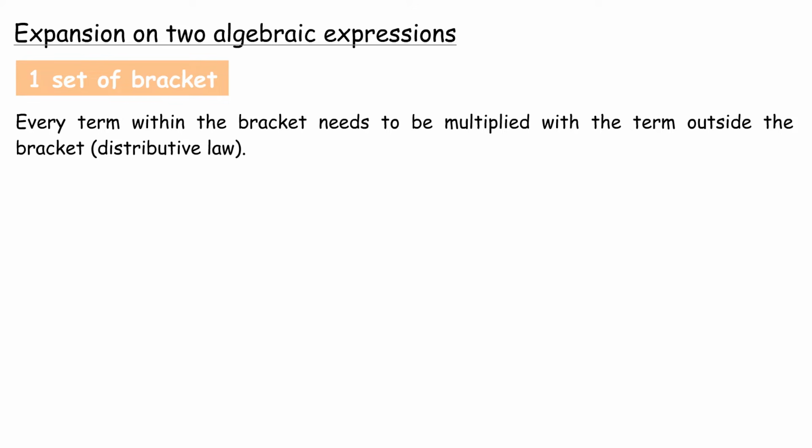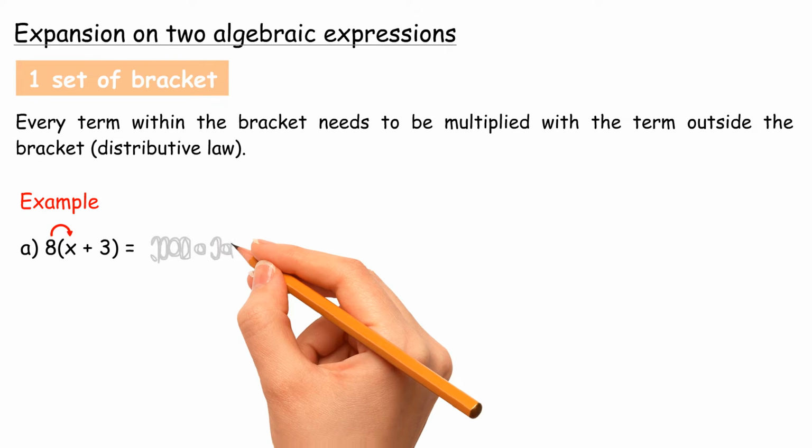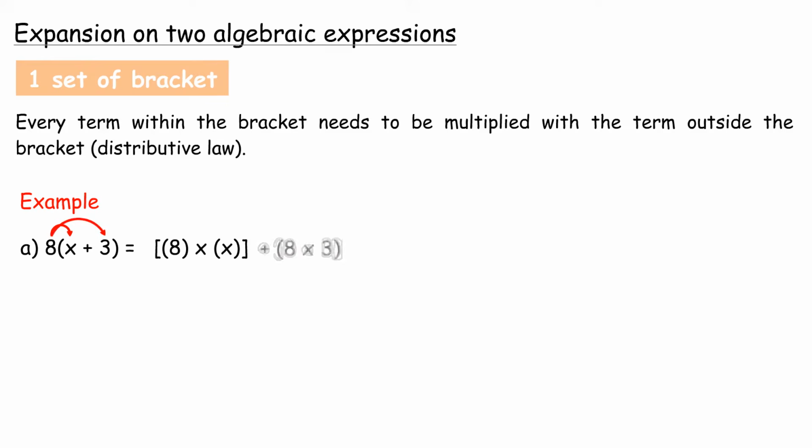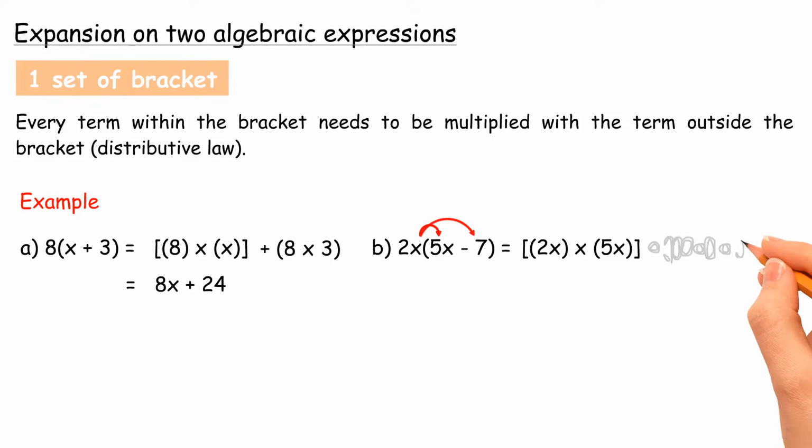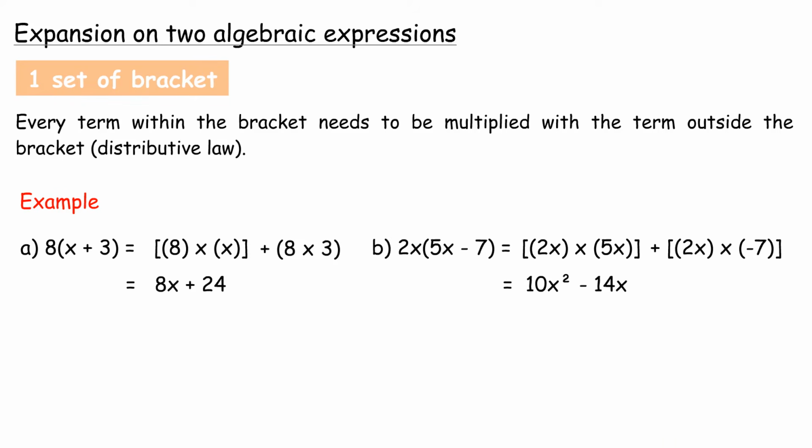Distributive law. Example A. 8(x plus 3) equals 8 times x, plus 8 times 3, equals 8x plus 24. Example B. 2x(5x minus 7) equals 2x times 5x, plus 2x times -7, equals 10x squared minus 14x.